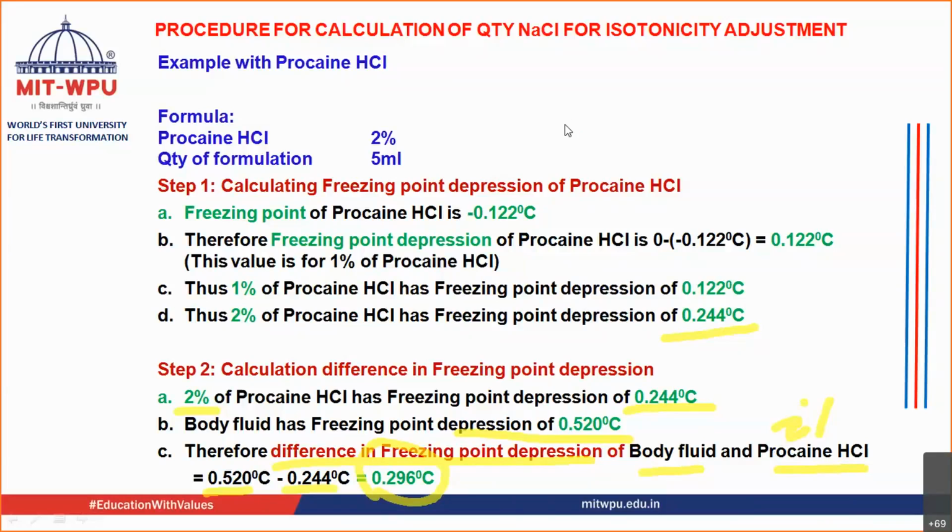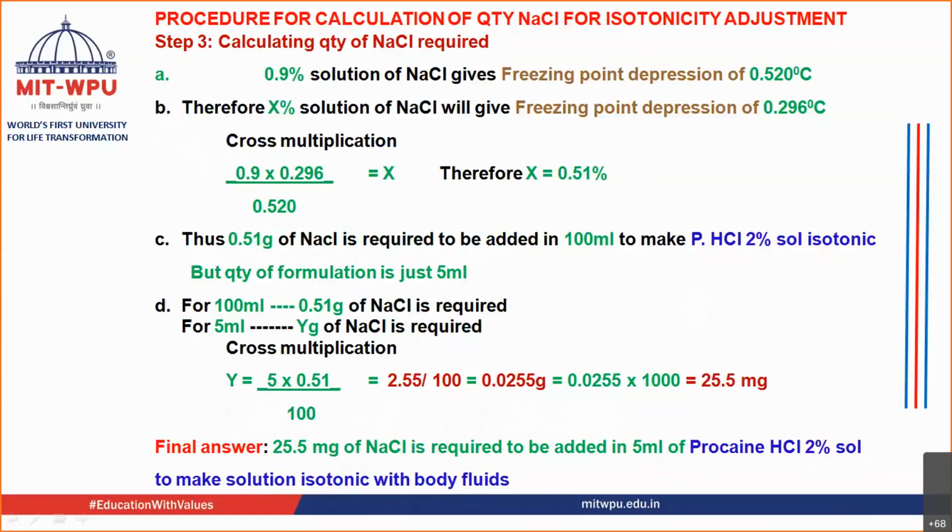Why did we do all this? Because we wanted to calculate the quantity of NaCl that is required to be added in the formulation. Again, this is a standard value that 0.9% solution of NaCl is isotonic with your body fluids. Right? We have read this many times.